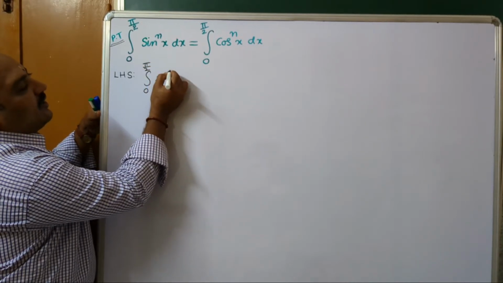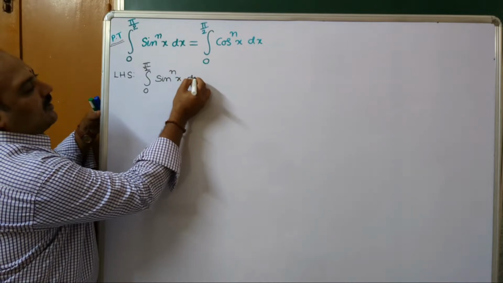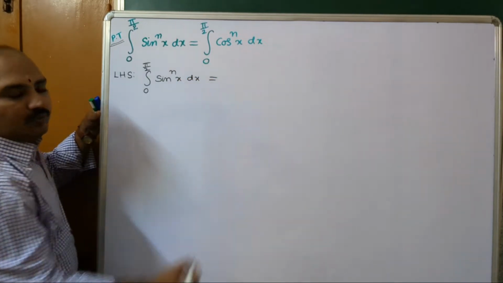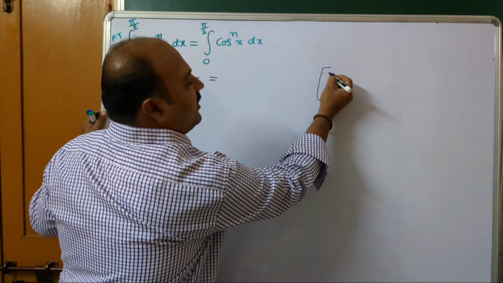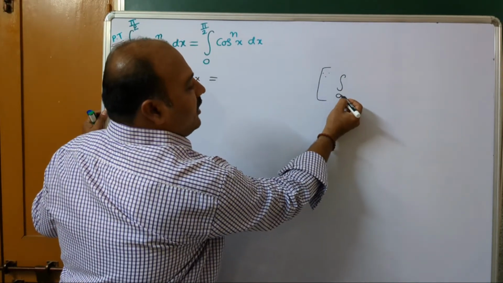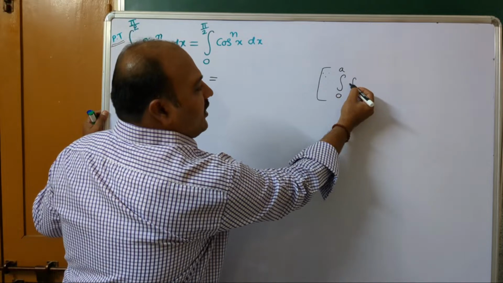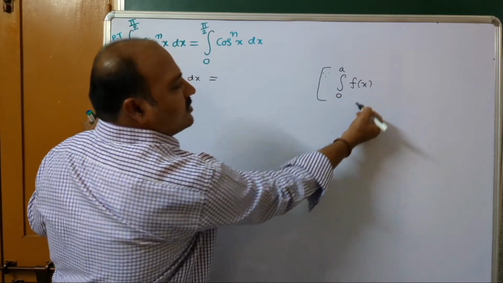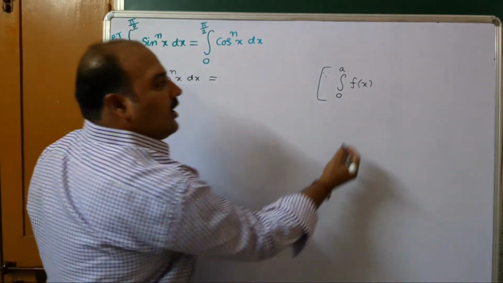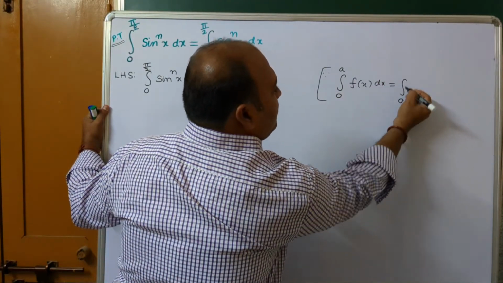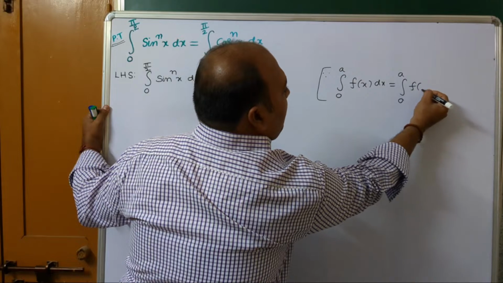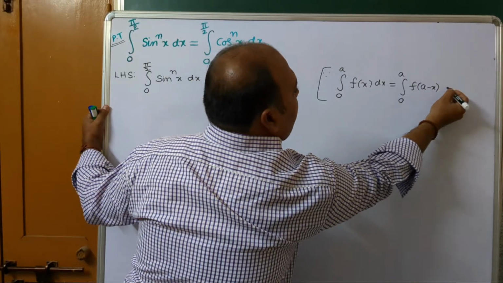sin power nx dx. We have a very important relation in definite integration: integral 0 to a f of x dx is equal to integral 0 to a f of a minus x dx.